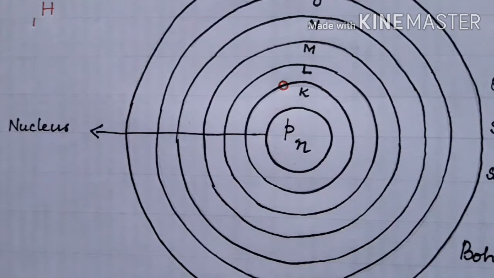For example, the first series that was discovered was by Balmer, and that falls in the visible region of light, and that is known as Balmer series. Later, many scientists did experiments with hydrogen and they were able to reveal the actual line spectrum of hydrogen, which consists of about 5 different sets of radiations, 5 different series of radiation.